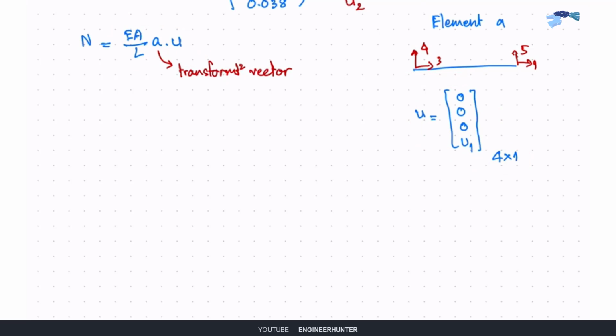Again, I will not do the calculation. You can do it by yourself, but I will show you the result here. For the element A, the internal force is equal to minus 1.96, and B and C. So this is the result.